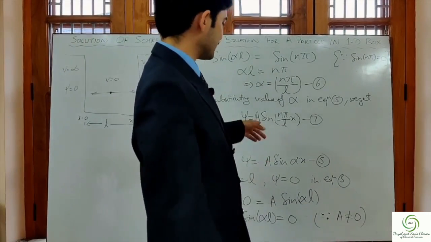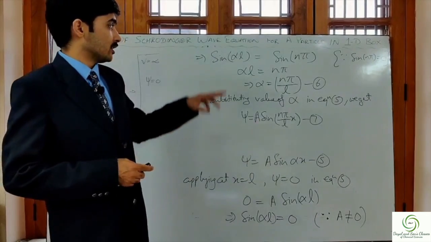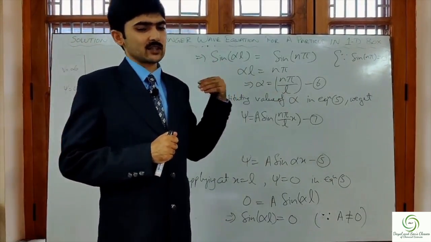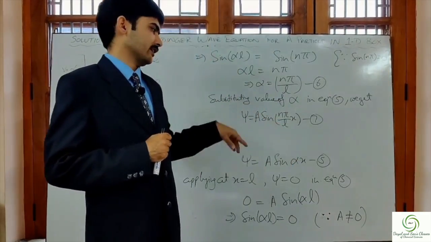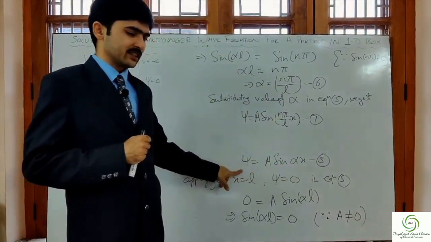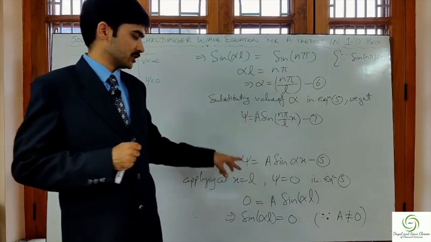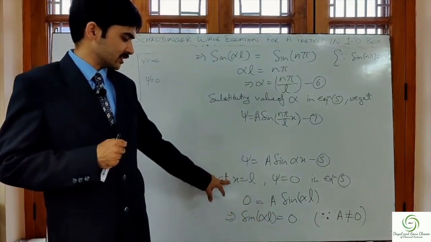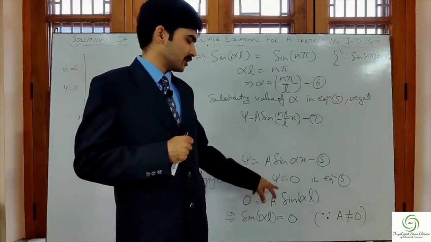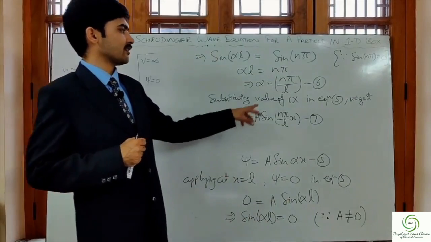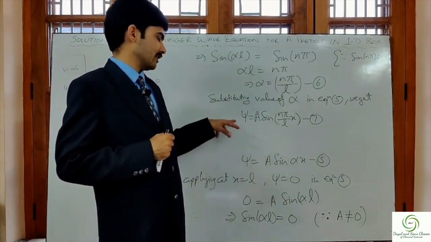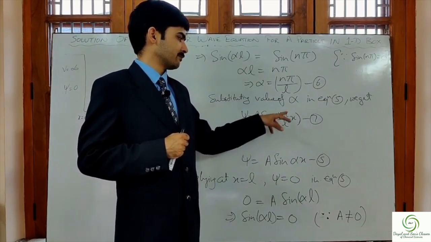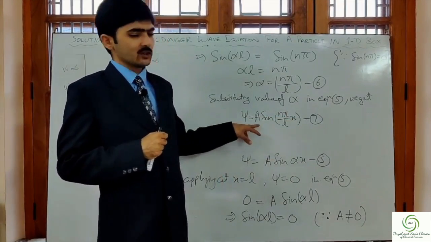Now how do we find this value of A? On applying the first condition, we got the value of B, and it came out to be 0, and the wave function was reduced to psi is equal to A sine alpha x. Then when we apply the next condition, that is at x equal to L, psi is equal to 0, we get that alpha is equal to n pi upon L, and now our wave function is psi is equal to A sine n pi x upon L, but still the value of A is unknown.